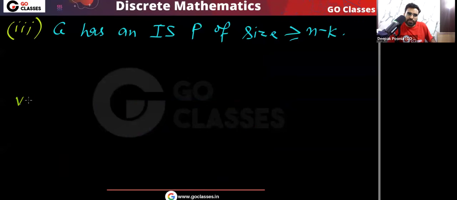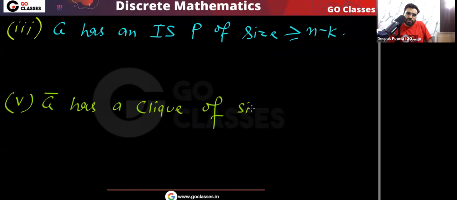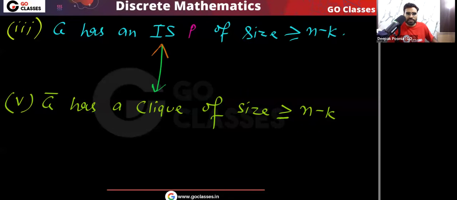What was the fifth statement? The fifth statement is saying that G complement has a clique of size greater than or equal to n minus k. The point is very simple: if G has an independent set P of size at least n minus k, then when you complement the graph, the independent set will become a clique, and a clique will become an independent set.